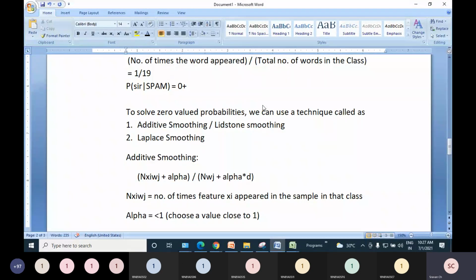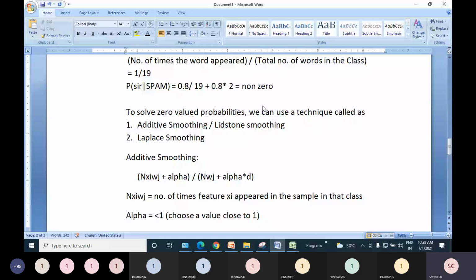So 0 plus 0.8 is 0.8, divided by n(wj), the count of all features. All features were 19 in spam, plus alpha 0.8 into D. How many classes are there? 2. So 19 plus 0.8 into 2, we will get some value, and 0.8 divided by this value. Finally here you will get a non-zero answer.